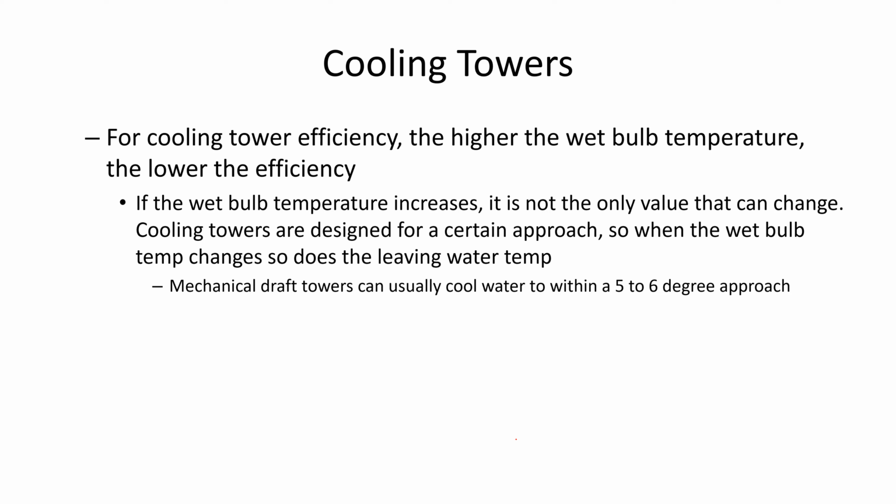So if I'm at 75 and now my wet bulb temperature goes up to 78, I'm going to expect to see my leaving water temperature go up by 3 degrees as well. Typically in a mechanical draft cooling tower, an approach of about 5 to 6 degrees is a typical value, so usually within 5 to 6 degrees of your ambient wet bulb temperature.